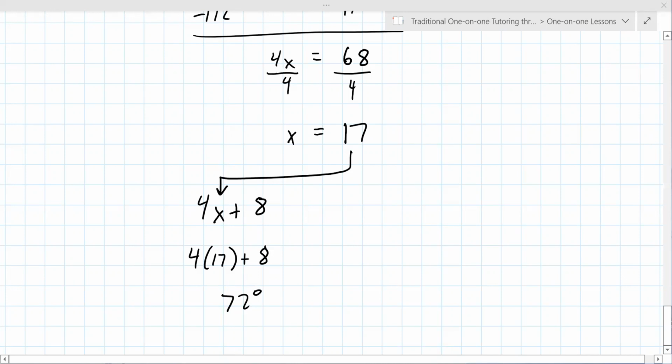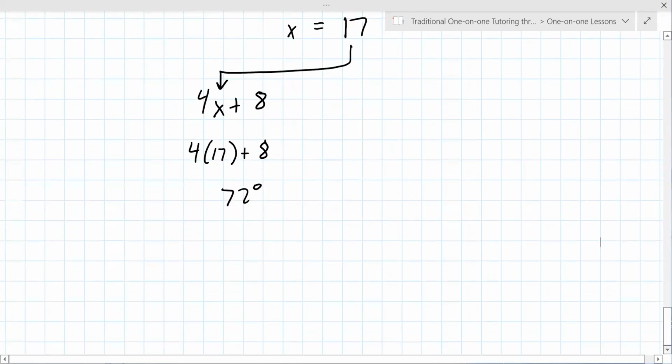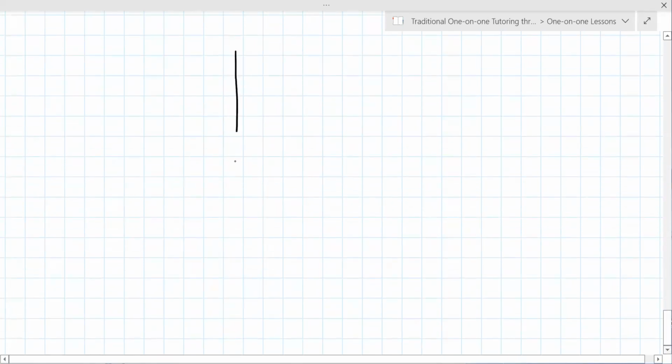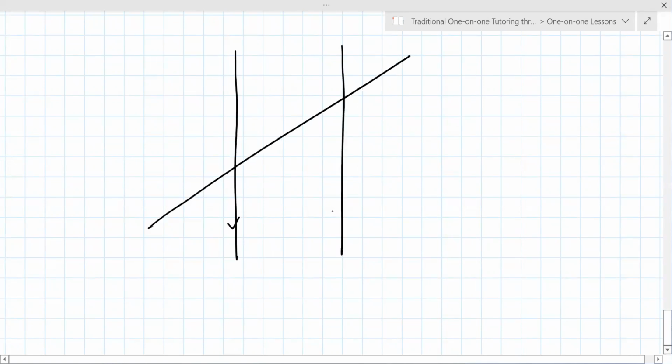All right, let's do another one here. Here's your new problem to look at. Here are two parallel lines, cut by a transversal. This is 30 degrees, and this is 4x plus 2 degrees. And they're same side, same side.